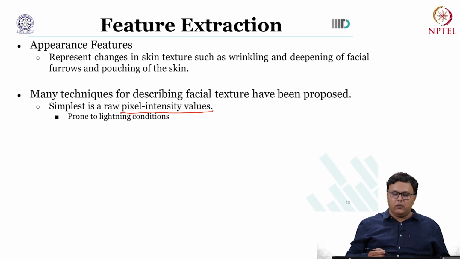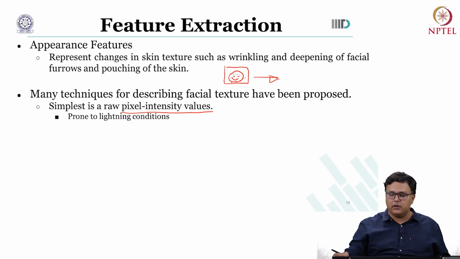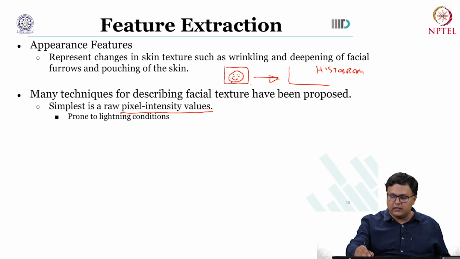Now, what that will mean is, let's say here you have a frame, you crop a face here. You are going to analyze each and every pixel in your face, and then create a representation based on the pixel information. So you can create a histogram, for example. You say I'm going to create a histogram which is going to have the range 0 to 255 as the intensity range.